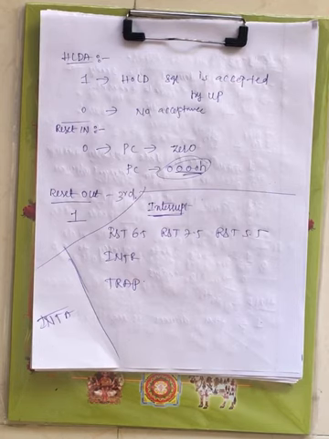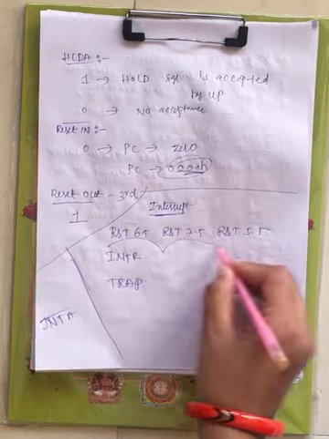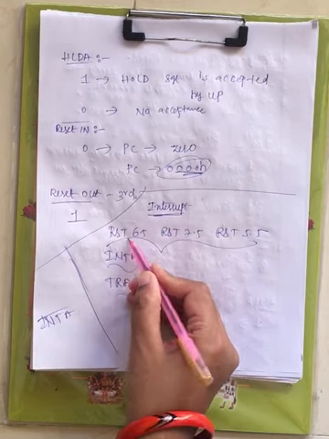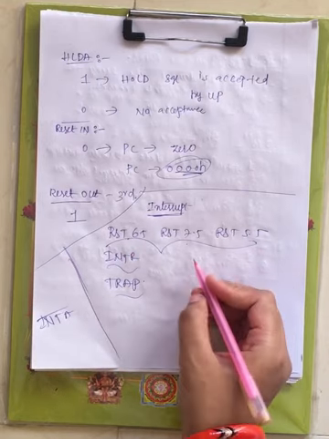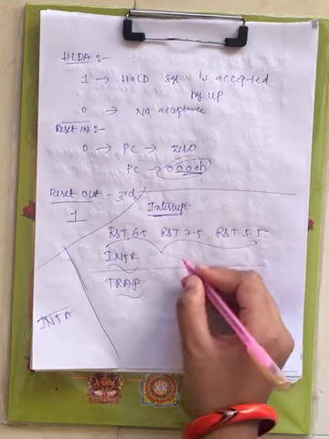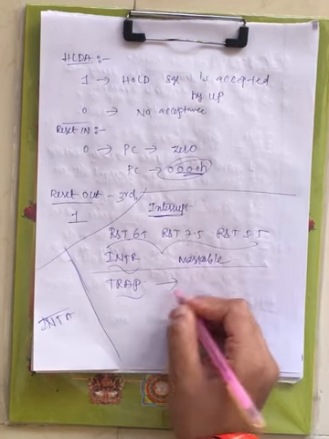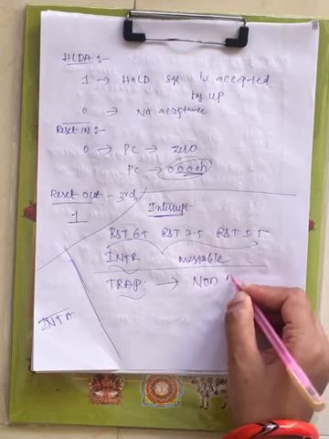These are the left out pins, through which the user can interrupt the process of a microprocessor. RST 6.5, 7.5, 5.5 and INTR, all these four are maskable interrupts, whereas trap is a non-maskable interrupt.